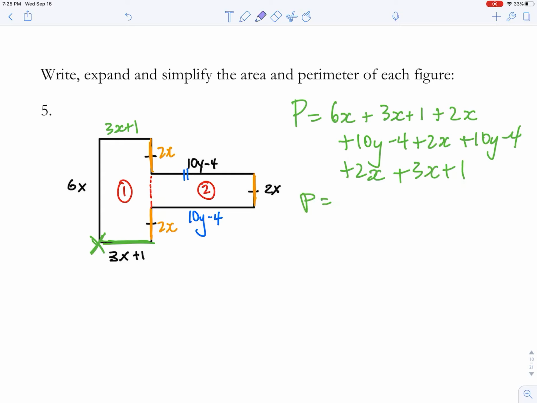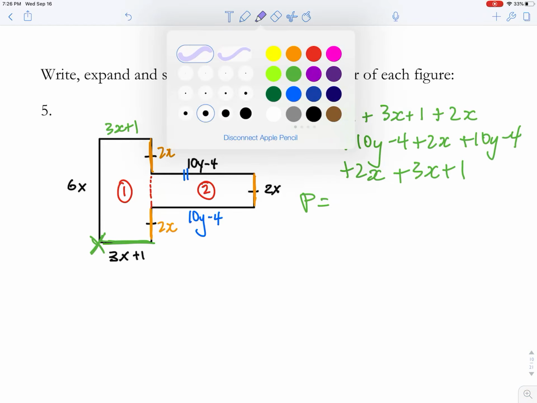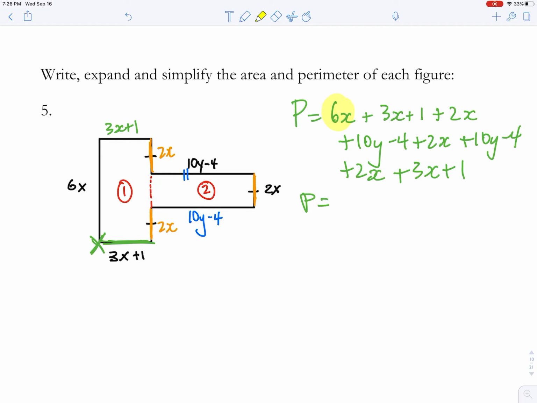So I know it's annoying, but we're going to collect like terms. So I've got 6x. Let's go to pale yellow. 6x plus 3x is 9. Plus another 2 is 11x. Plus another 2 is 13x. Plus another 2 is 15x. Plus another 3 is 18x.